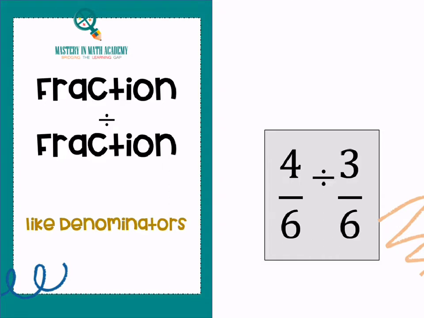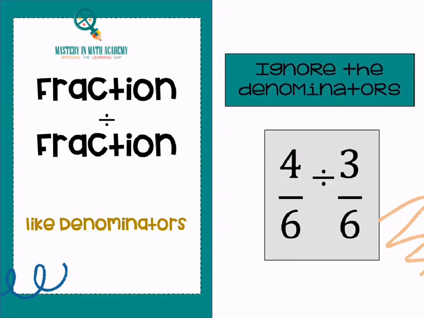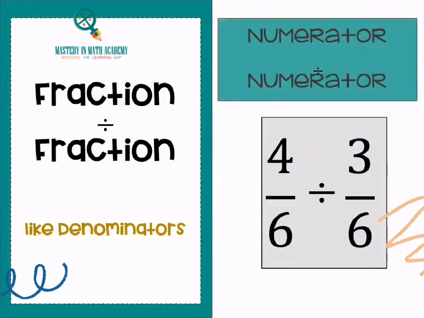Do you remember what we are going to do? Yes, we are going to ignore the denominators. Make sure if they're the same, you just ignore them. You can cross them out or put an X, or whatever you want, to show that you're ignoring them. Because you ignore your denominators, now you need to focus on your numerator.